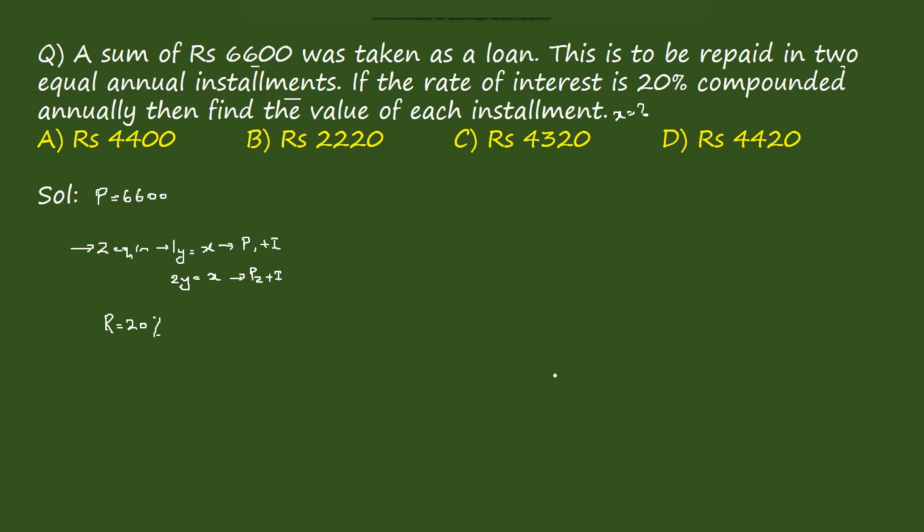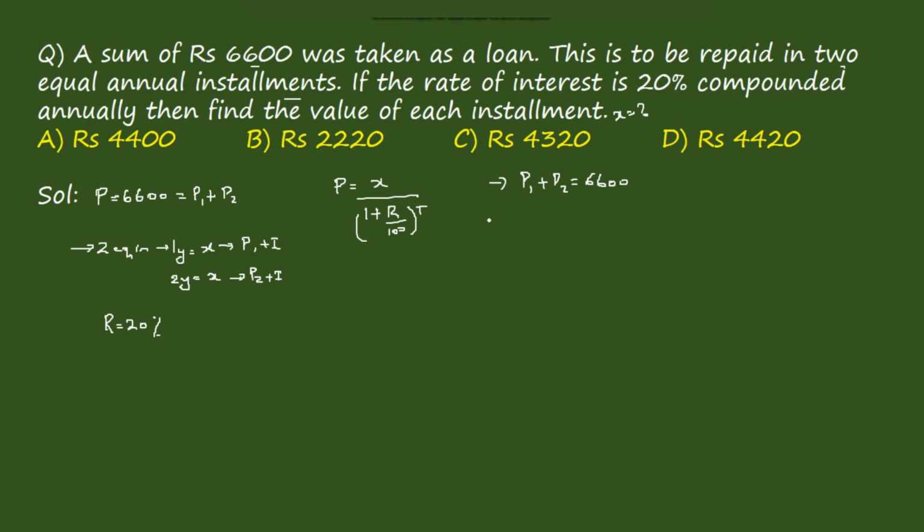For this one, you know the formula: the principal for each year is equal to x by (1 plus r by 100) whole power t. Here the principal 6600 is nothing but P1 plus P2. So P1 plus P2 is equal to 6600; P1 is for the first year and P2 is for the second year.